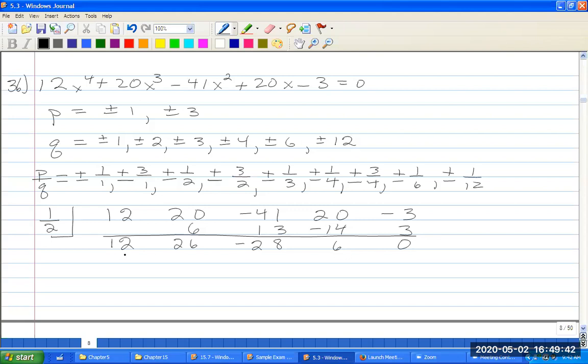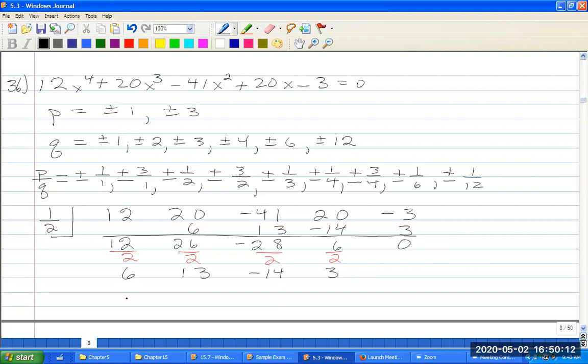Okay, so now, once I've done that, all these coefficients here are divisible by 2. So actually, I should divide each of these numbers here by 2 now. If I do that, I'll get 6, 13, minus 14, and 3.